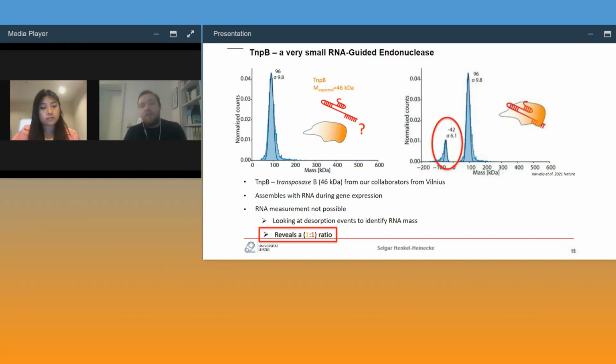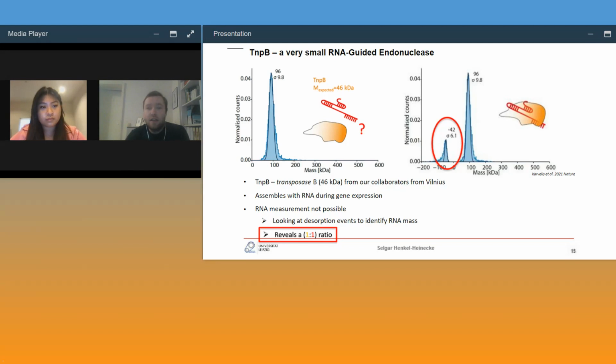The protein complex with the RNA can be seen as some kind of coating, and some of the RNA can bind to this site and then desorbs again. So we see just free nucleic acids, and I don't think that there is some kind of decomposition of the TNBP complex.